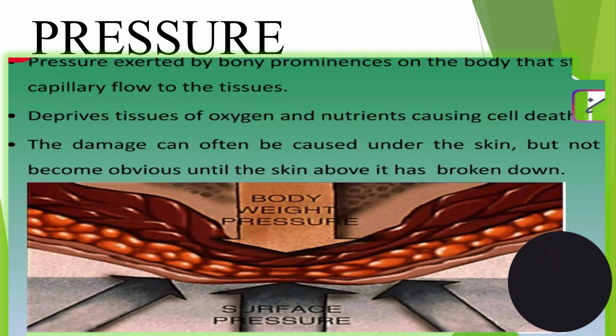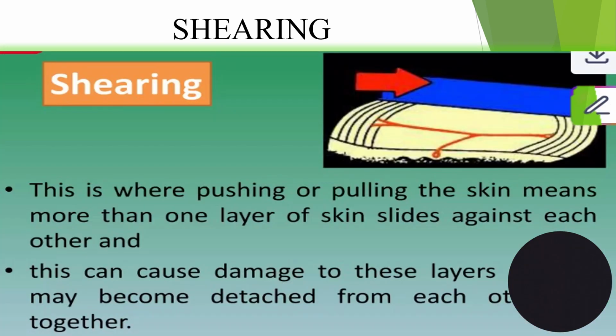So it is occlusion of the blood supply of a person, and it will lead to skin breakdown of a person. Next is shearing. It is the way of pushing or pulling of the skin. So here more than one layer of skin is sliding against each other.